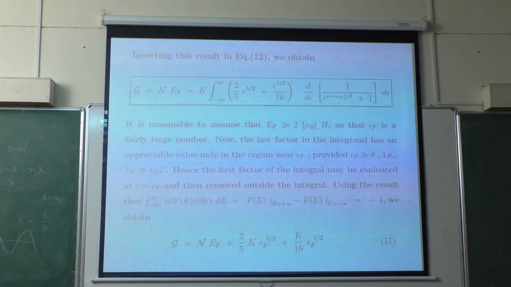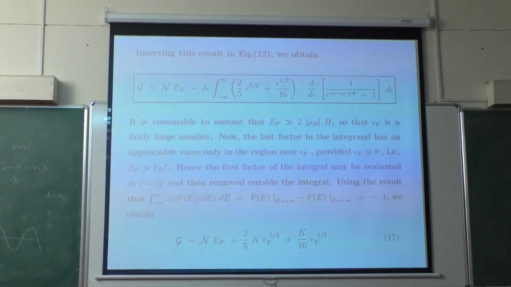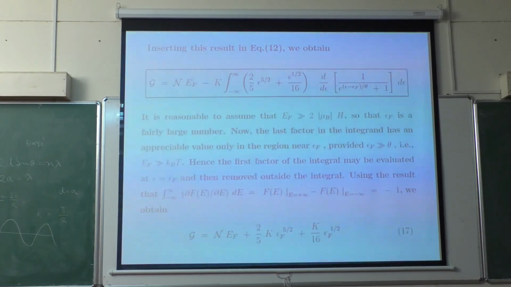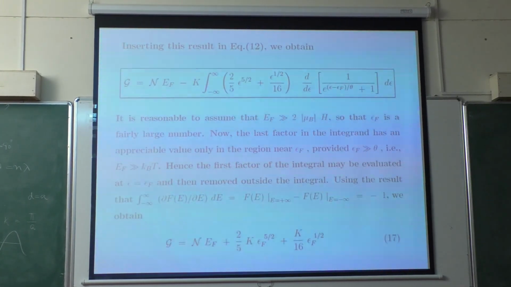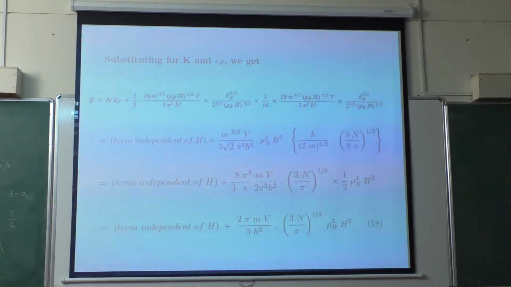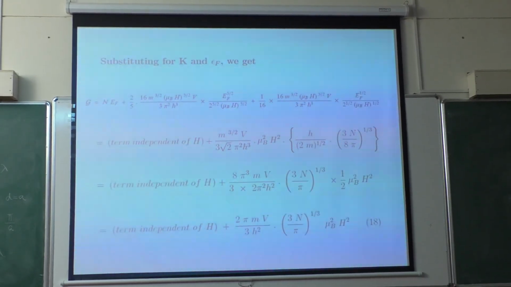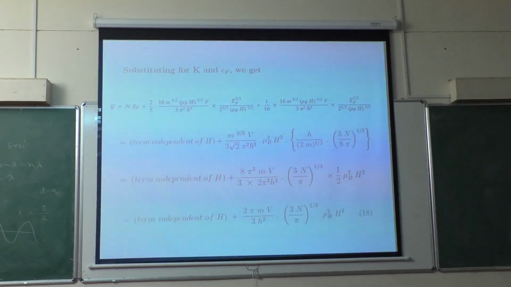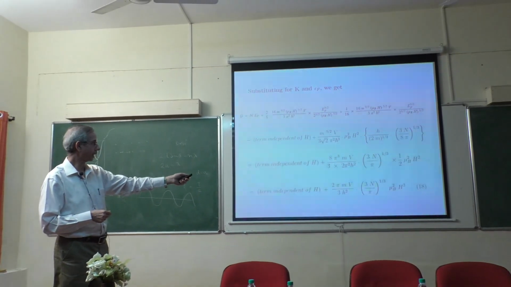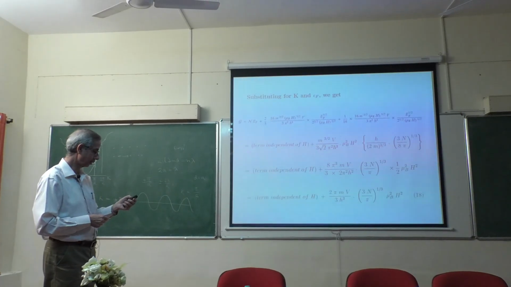So that's why this value would be minus 1. So you substitute that in, and finally you get this sort of an expression. You substitute for k, those factors and so on. So you have terms which are independent of h, and there is the h-dependent term which goes as h square.